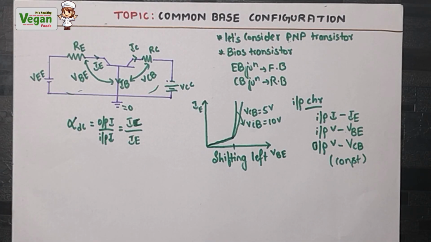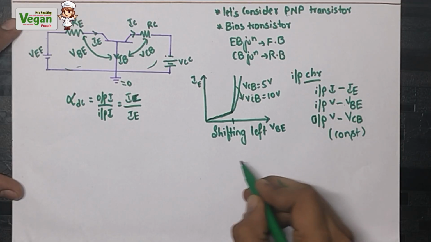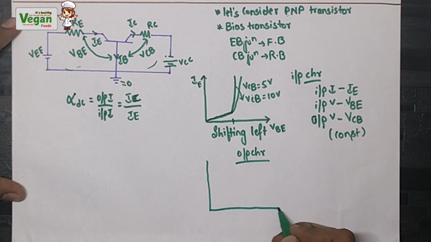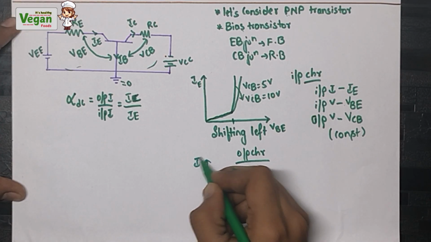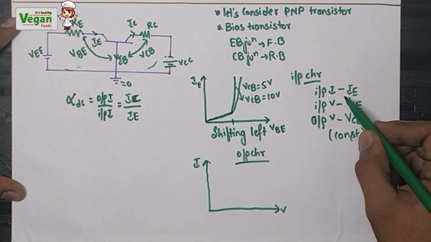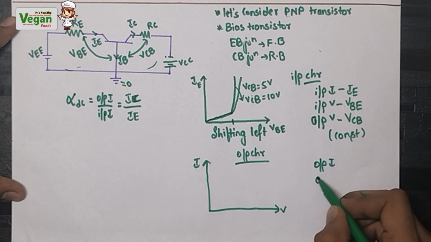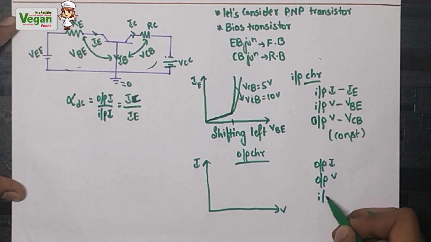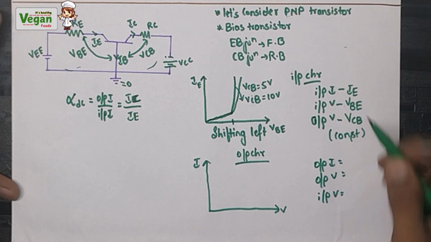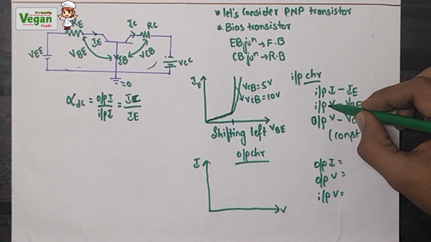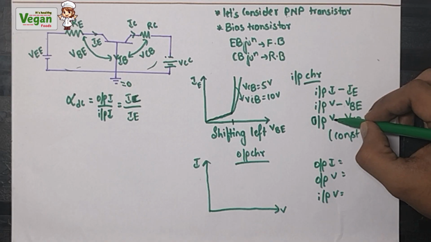Now let's plot the output characteristic graph for the common base configuration. The output characteristics are also between I versus V. In the input characteristics we took the input current and input voltage, and we kept the voltage constant.